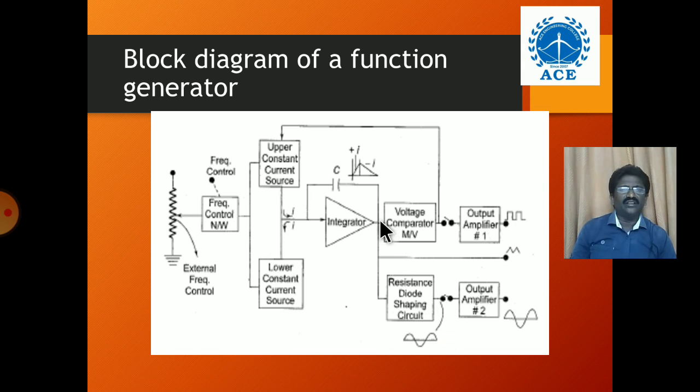At the integrator stage you get a triangular wave, and passing it through the resistance diode network produces a sine wave with less than 1% distortion. This is the operation of the function generator.